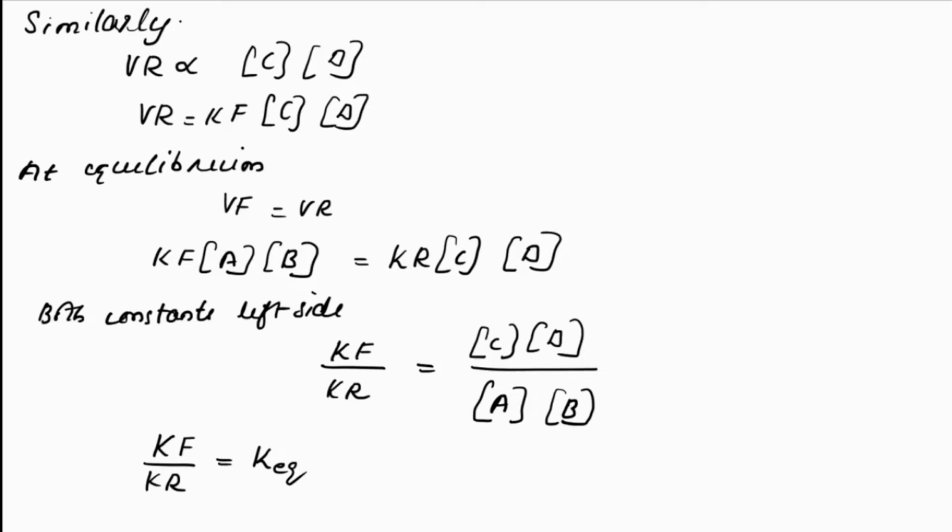What is the name? Proportionality constant or reaction rate constant. Then we think at equilibrium, Vf is equal to Vr, that we already understood from the beginning itself. At equilibrium, rate of forward reaction is equal to rate of backward reaction.